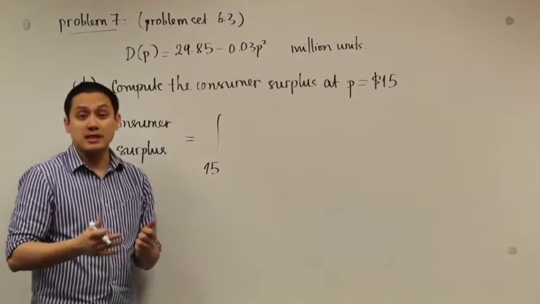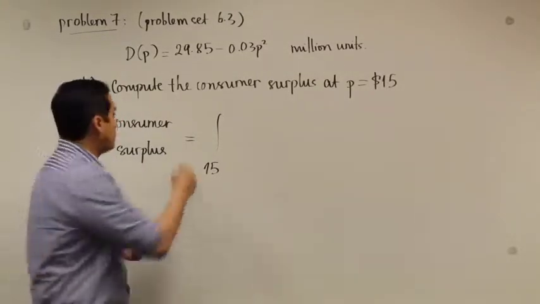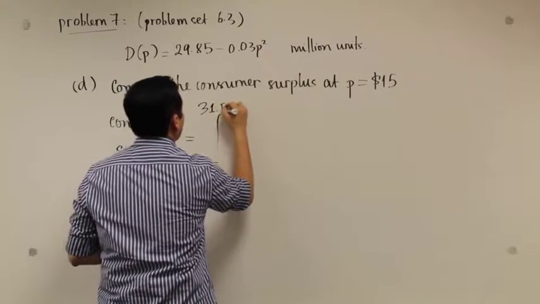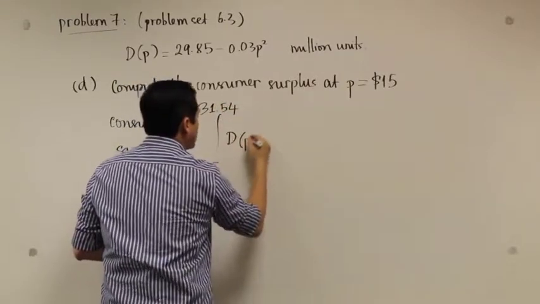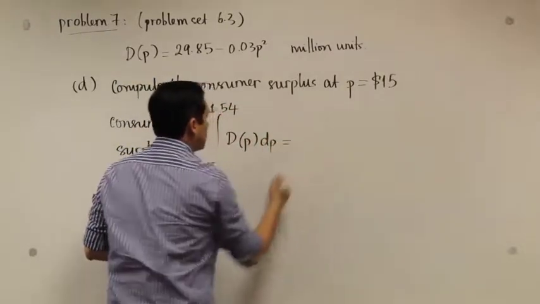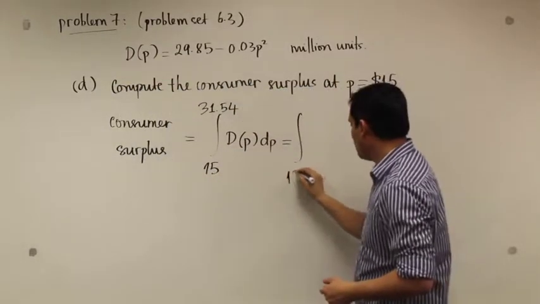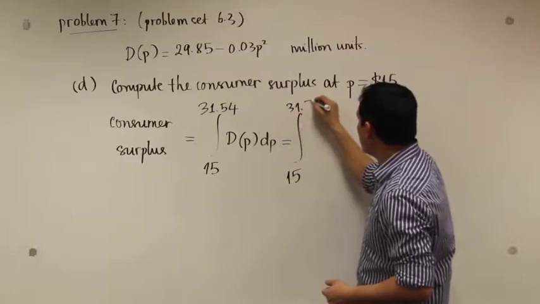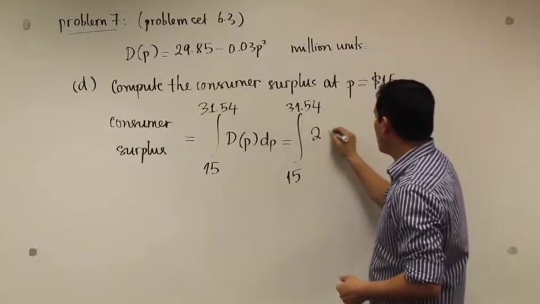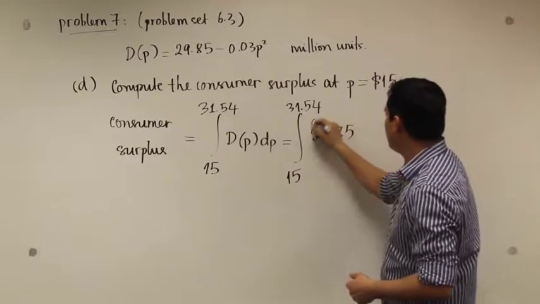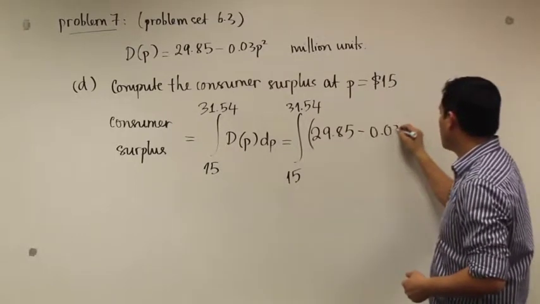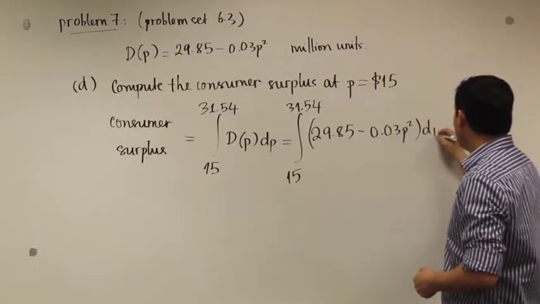So you have Pmax equal to 31.54 of the demand function D of P dP. And this is the definite integral from 15 to 31.54 of 29.85 minus 0.03 p squared dP.